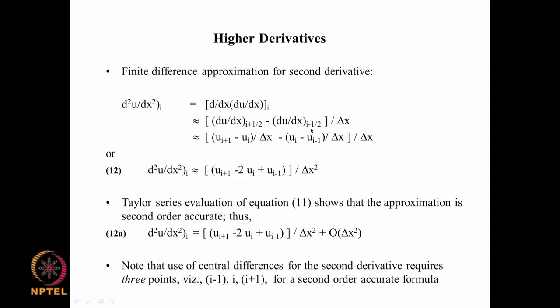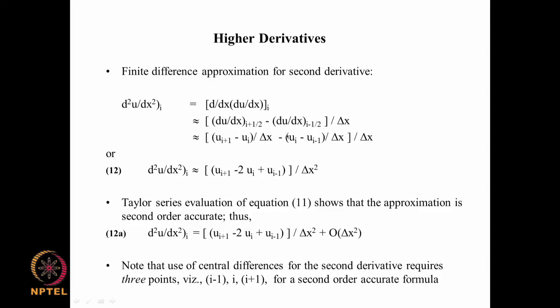Similarly, du by dx at i minus half can again be represented using central differencing around the point i minus half. That is, to the left of i minus half is ui minus 1, to the right of i minus half is ui, so ui minus ui minus 1 divided by delta x. So this whole thing is the approximation for du by dx at i minus half, and this whole thing is divided by delta x.